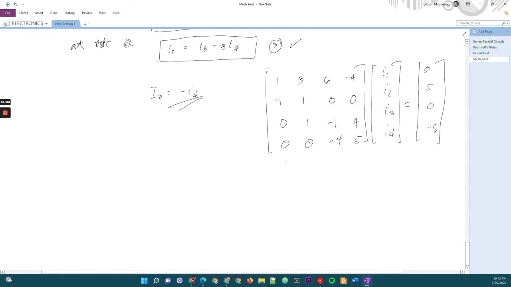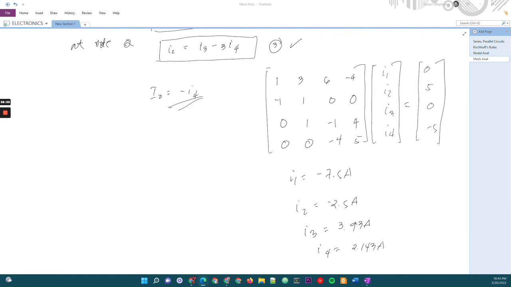You should be able to get I1 is negative 7.5 amp, I2 is negative 2.5 amp, I3 is 3.93 amp, I4 is 2.143 amp. You should be able to get this. Inputting the values in MATLAB is up to you.